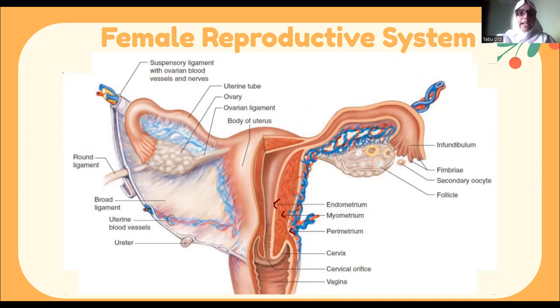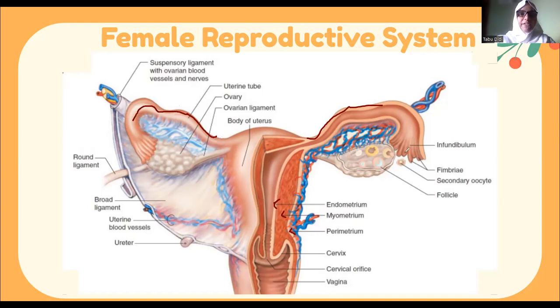Now moving towards the lateral parts, you can see these tubes coming out. These are known as fallopian tubes.